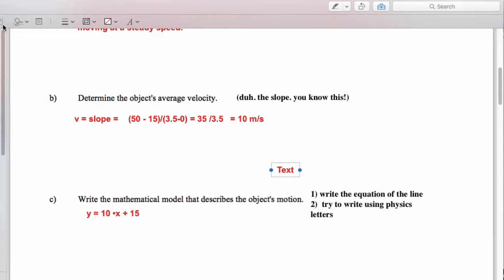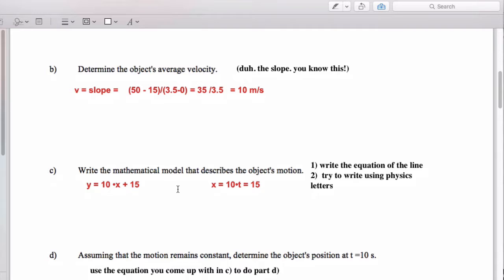In class, we're going to be using a different way of writing letters. So we're going to actually describe our position using the letter x. 10 will still remain 10 because it's a number. But since the x letter is actually time, this is actually going to be the way we write it later on.